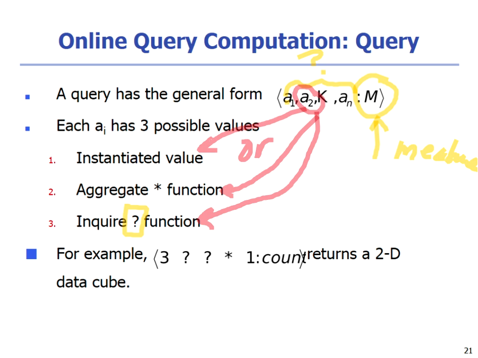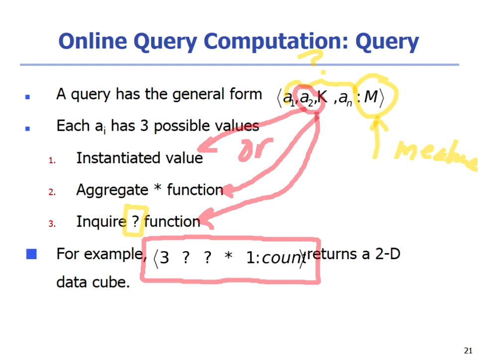Okay, so this is an example of a query. Can you explain this example to me? So in this example, how many dimensions do we have? Yes, how many? 6? Not 6.